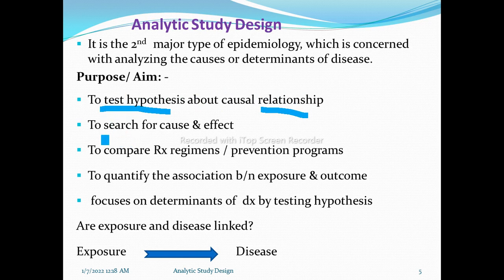The other aim of analytic study design is to search for causes and effect, and to compare treatment regimes and prevention programs, to quantify the association between exposure and outcome, focus on determinants of disease by testing hypotheses. Ask questions like, are exposure and disease linked? So we study how exposure is linked with the disease.